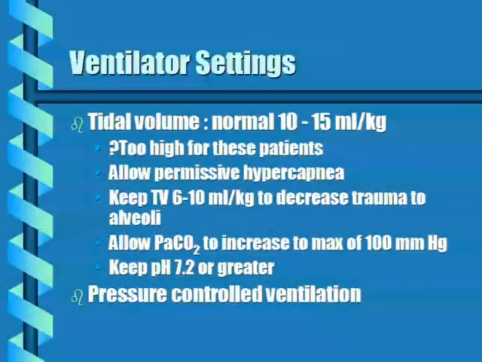You want to keep that pH at 7.2 or greater. Remember, you cannot allow that PaCO2 to rise if you have increased ICP, intracranial pressure, pulmonary hypertension, seizures, or cardiac failure.